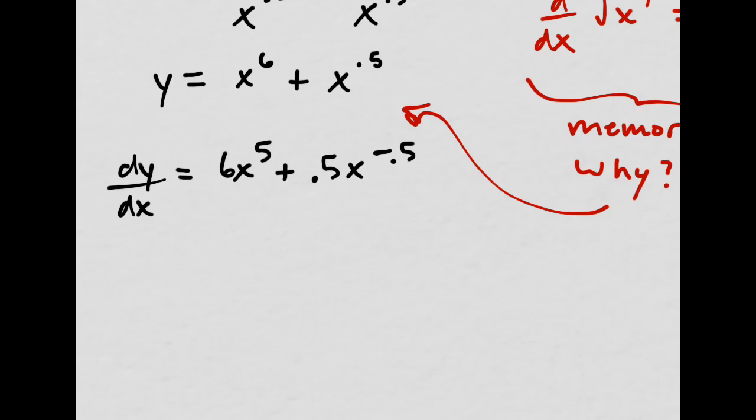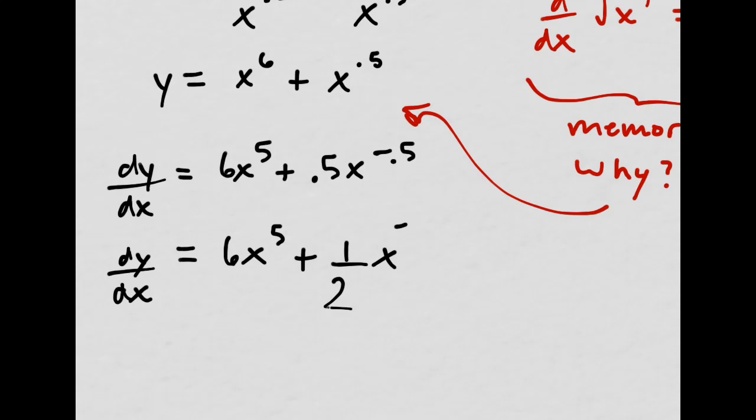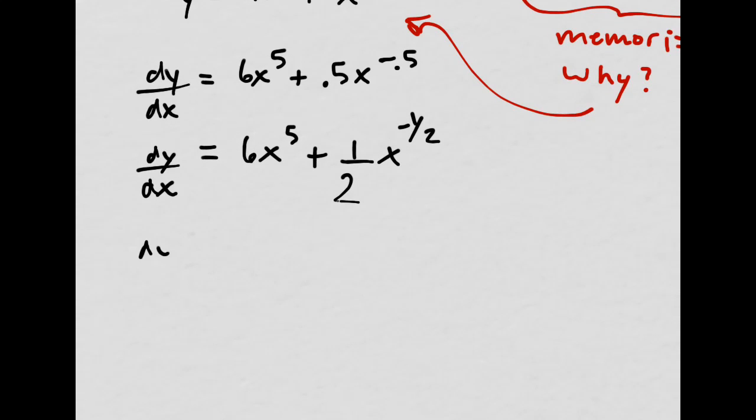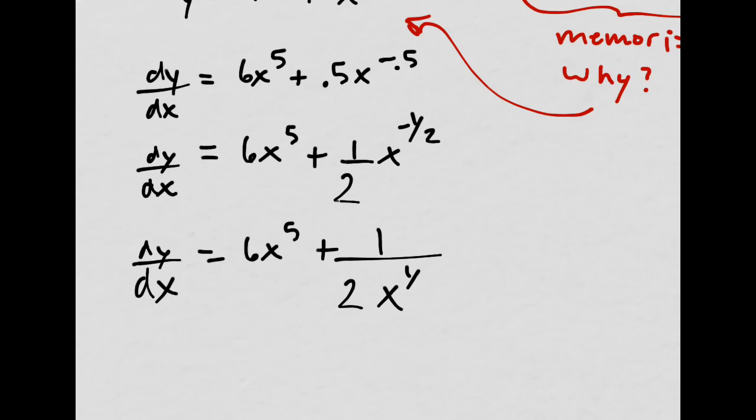I'm going to change those decimals into fractions now. That's just 1/2 x to the negative 1/2. If I have a negative exponent, I bring it down to the bottom. So dy dx equals 6x to the 5th plus 1 over 2x to the 1/2.